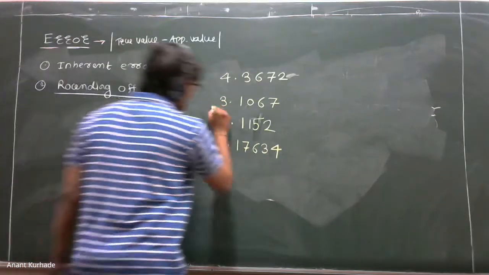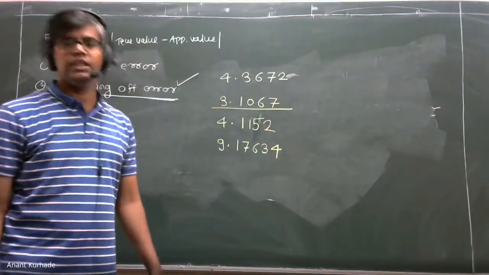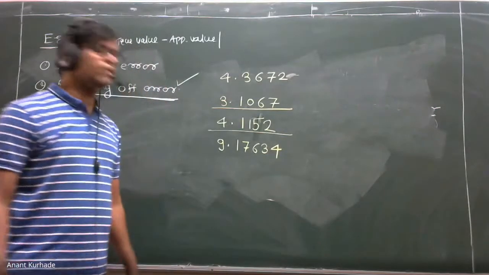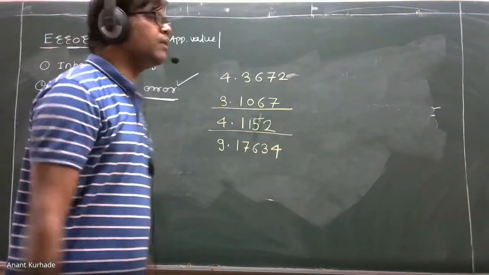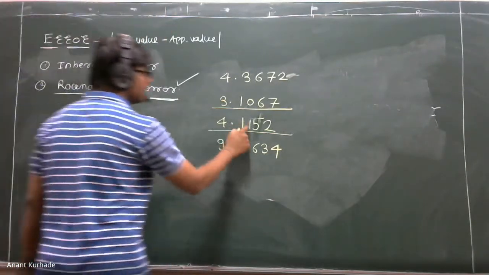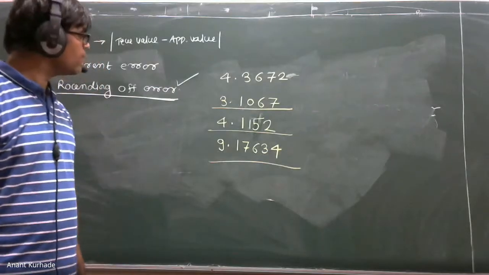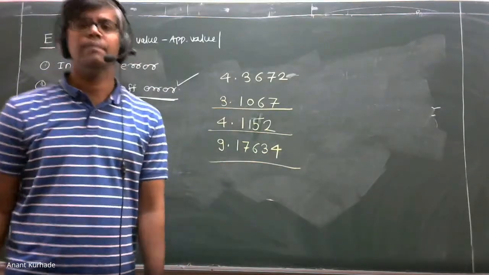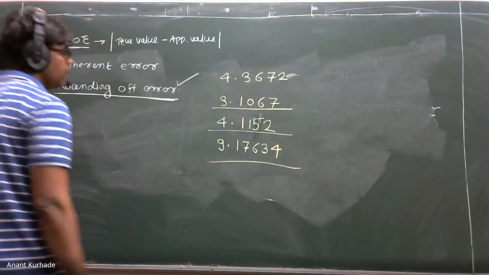Now tell me. 3.1. Now for this, round up this number up to 2 decimal places. 4.12. Now this one, round up this number up to 4 decimal places. Your answer will be 9.1763.